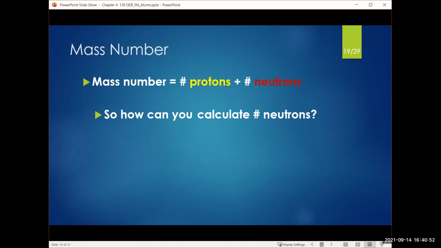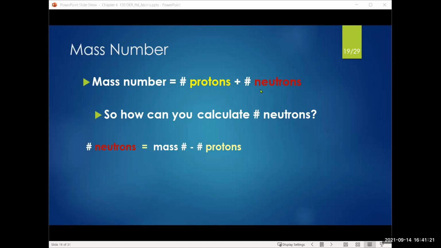Well, two ways can happen here. Let's rearrange the equation where we got the mass number is equal to the number of protons plus the number of neutrons.